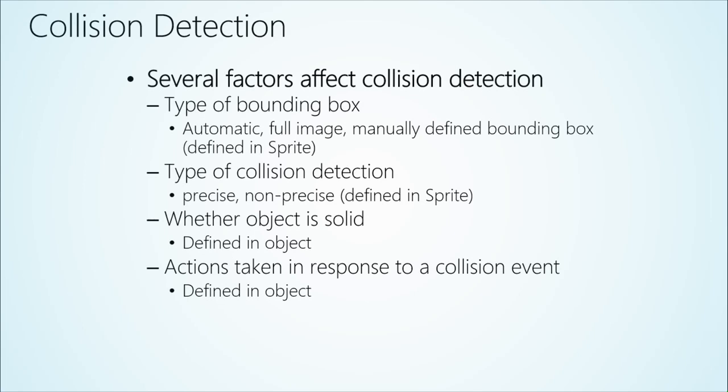The type of collision, precise and non-precise, and we're going to show you where to define that in the sprite. I will tell you right now, do not use precise. Precise will eat up your CPU and your game will run really slow. There's rarely any place, especially in a platformer game, where you actually need to use precise. And I'll show you exactly what that means.